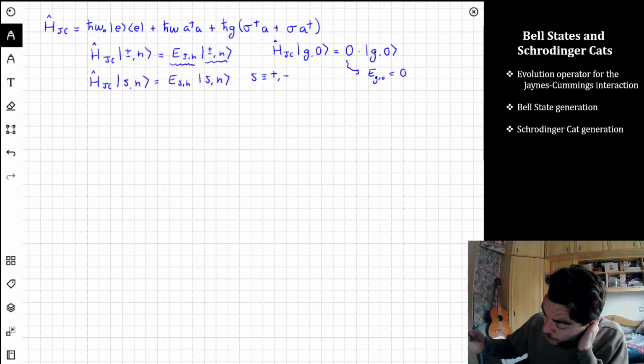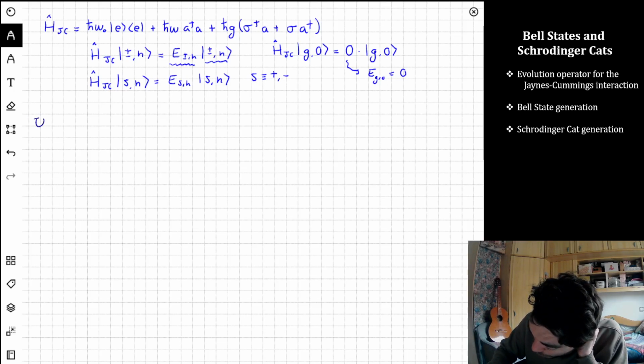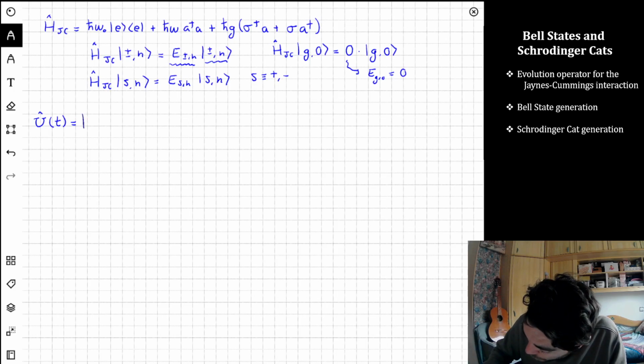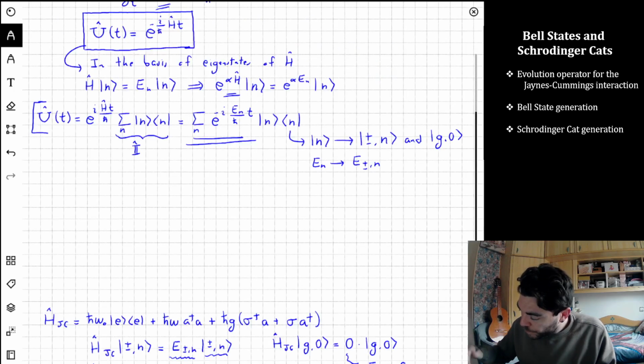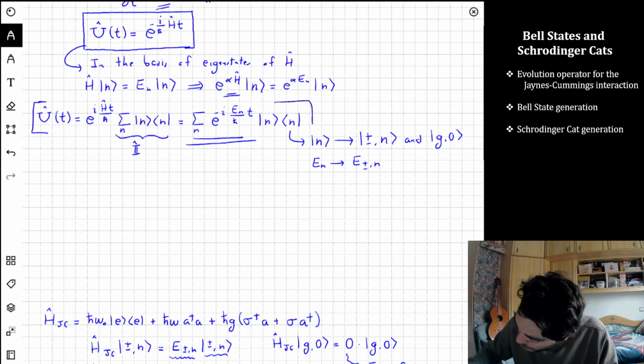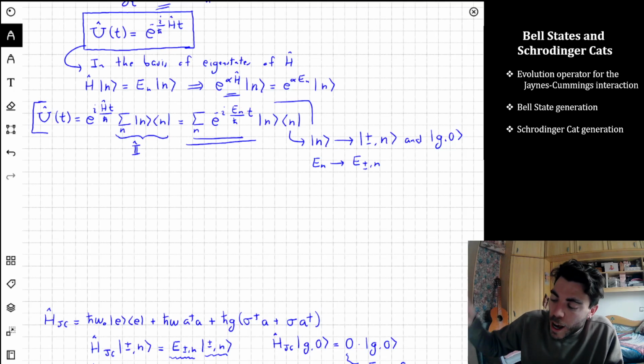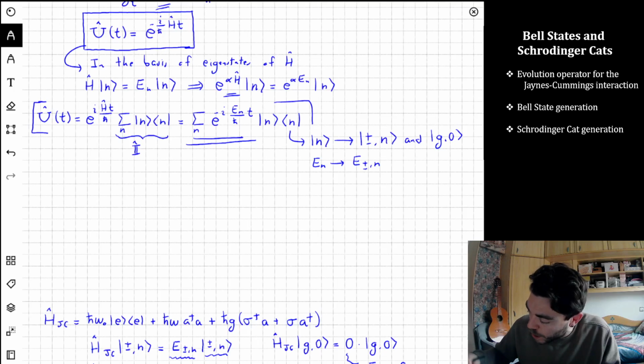Alright, then we just use this to write the evolution operator in this case. So the evolution operator U of t is gonna be equal to, well, the first term is G0 G0. Why? Because we are using basically this equation here, and so E0 we just saw is 0, and then we project onto the state G0. Because if E0 is 0, then e to the i 0 whatever is 1, so we just have 1.